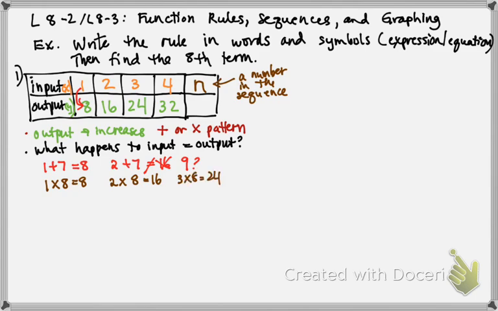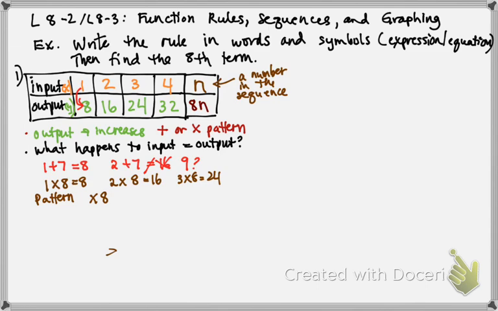So what we've just discovered is the pattern. So the pattern is you multiply by 8. So what do we get over here under my rule? What am I going to do? I'm going to take whatever number I am in the sequence, whatever number that is, and I'm going to multiply it by 8. Okay, so there's my rule.